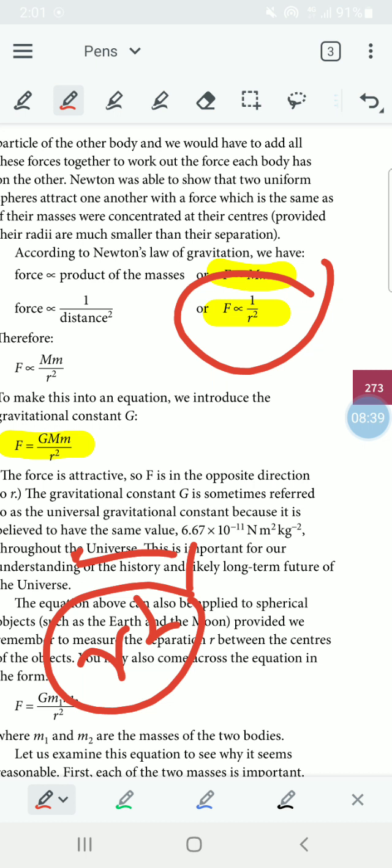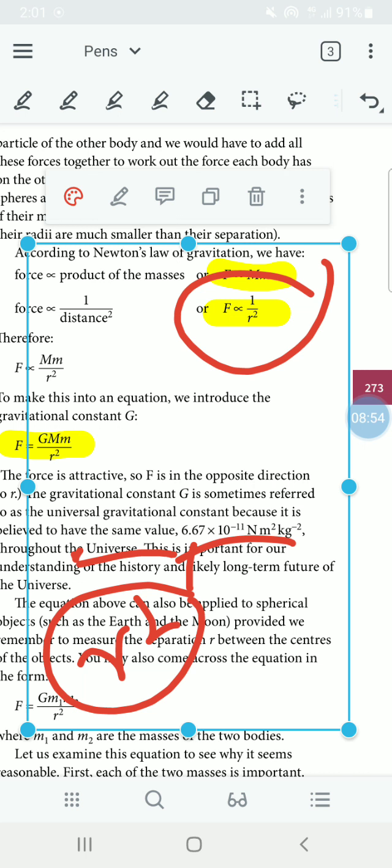If you double the separation, you will get 1/4 because it is being squared, 1 upon r squared. Right, I hope you understood that.